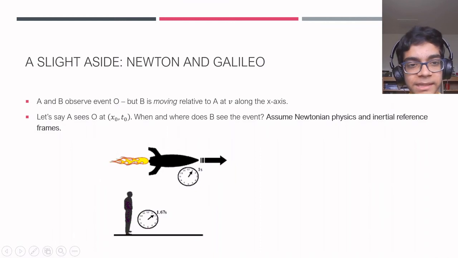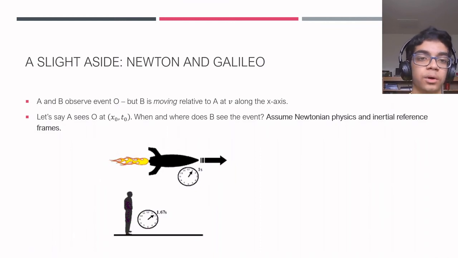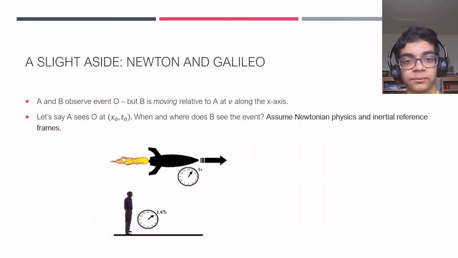And let's say that they both observe some event O. Let's say that O is, I don't know, right over here. However, B, the guy in the rocket ship, is moving relative to the guy standing on the ground, at some speed v along the x-axis, which is going to be right and left in our case. So no up and down motion, no into or out of the page motion, just moving right and left.